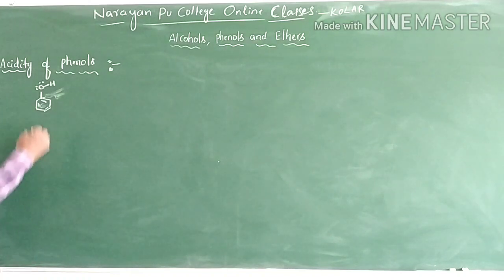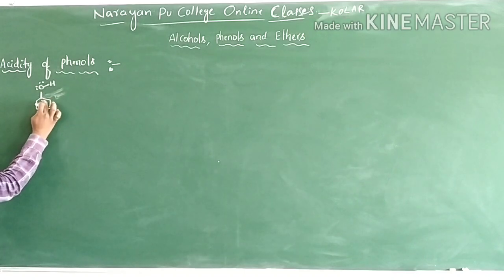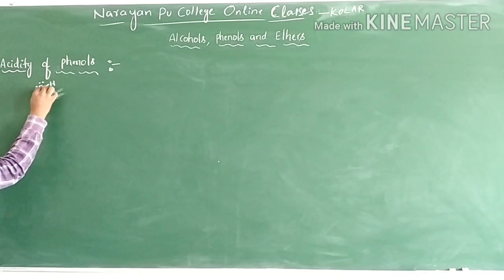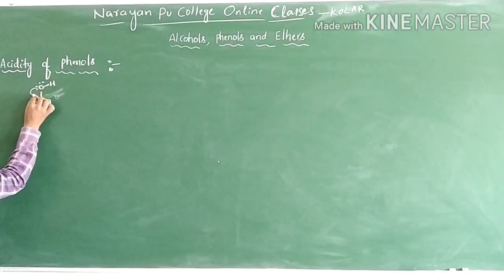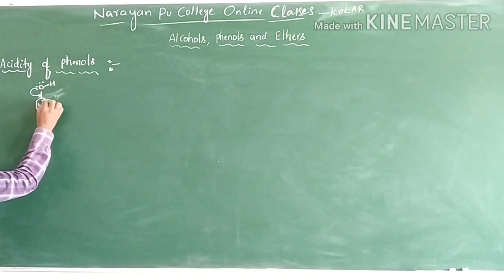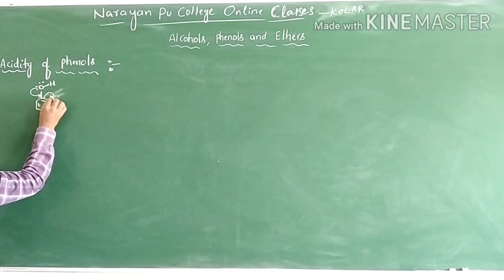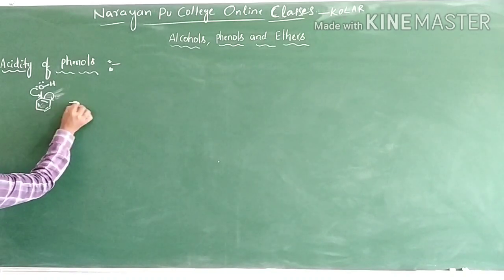The lone pair and the double bond are separated by a single bond, so it is a conjugation. When there is conjugation, there is a chance of resonance. The lone pair of electrons is converted into a bond pair, which shifts towards this carbon. This carbon gains electrons, so it acquires the negative charge. Oxygen loses electrons, so it acquires the positive charge.